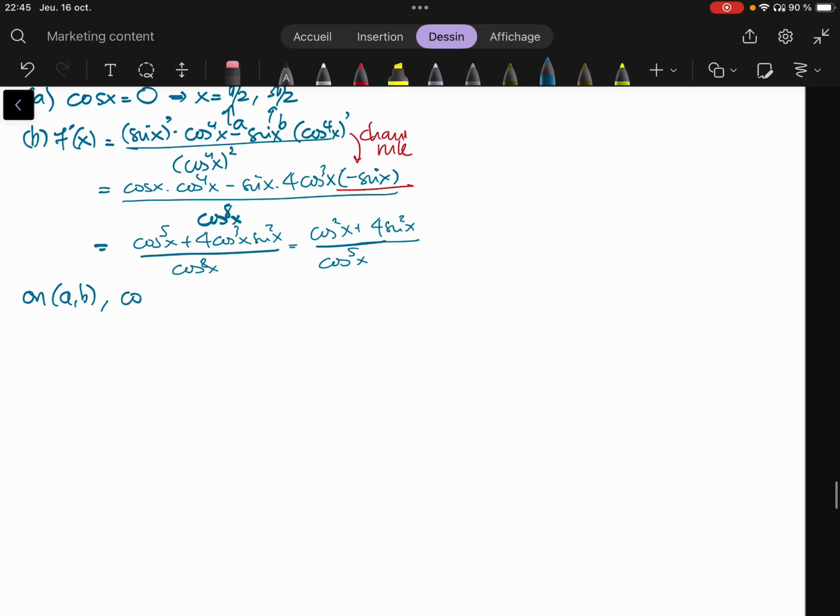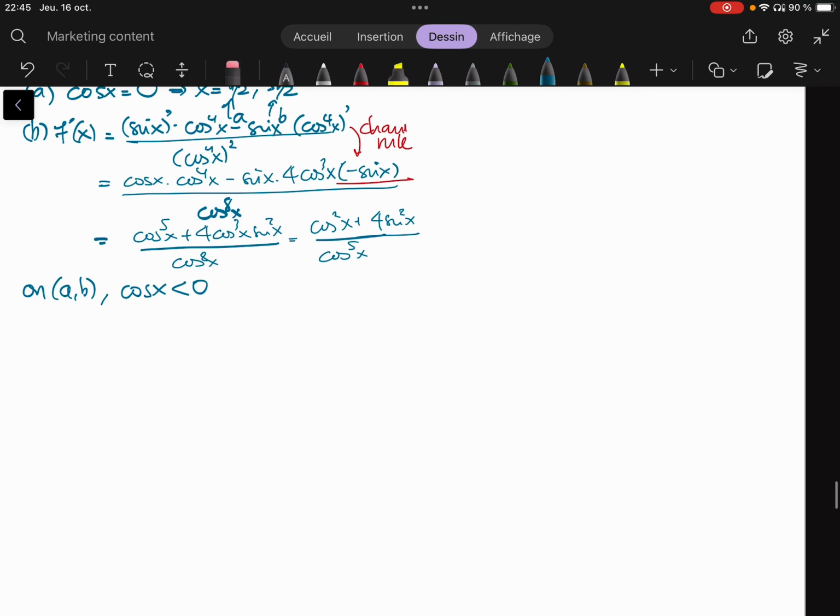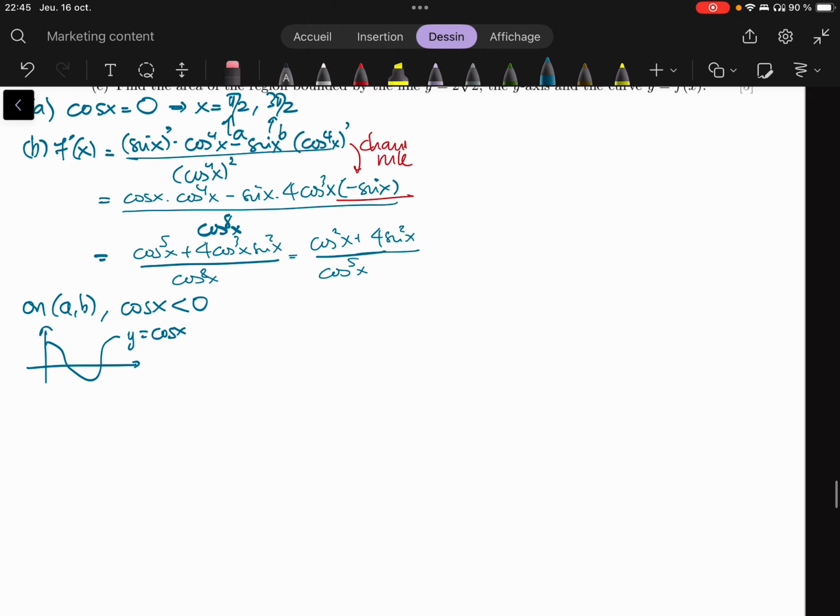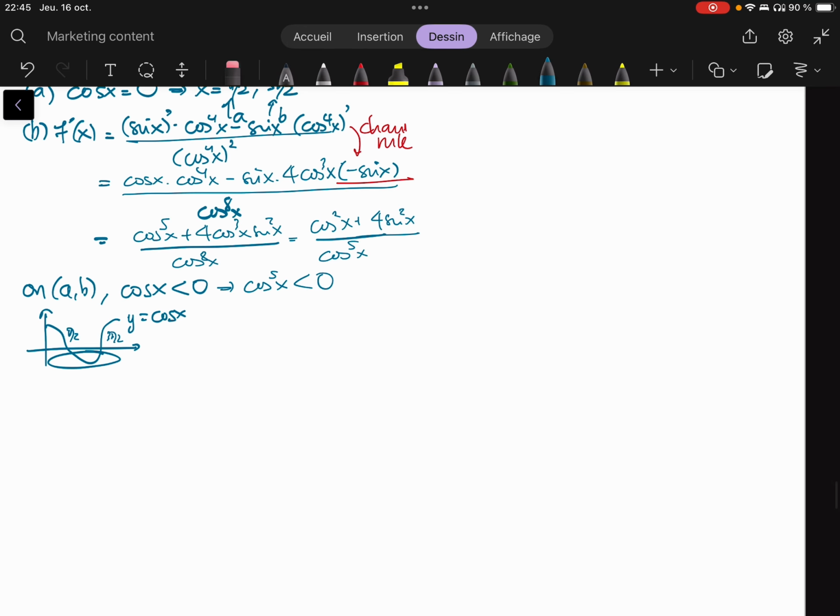On the interval a to b, cos of x is negative. Just quickly sketch the curve y equals cos of x, and we notice that between pi by 2 and 3 pi by 2, the function is negative. This means that cos to the 5 of x is also less than 0.